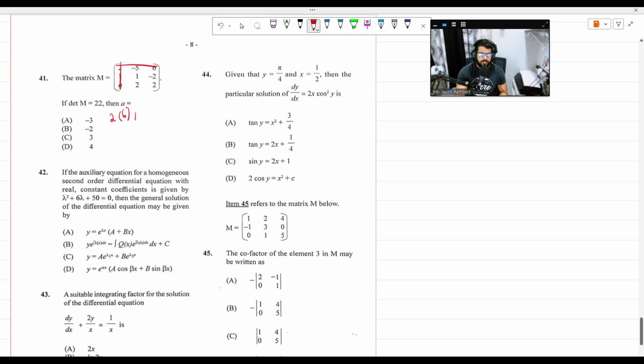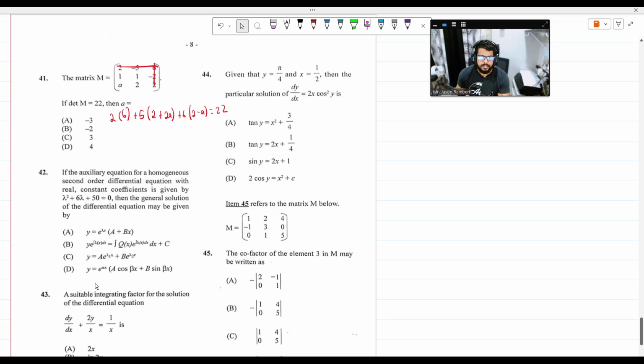Take away minus 5 to give me plus 5. 1 times 2 is 2. Take away minus 2a is going to be plus 2a. And then the last one is going to be plus 6 into 2 take away a, is equal to 22.